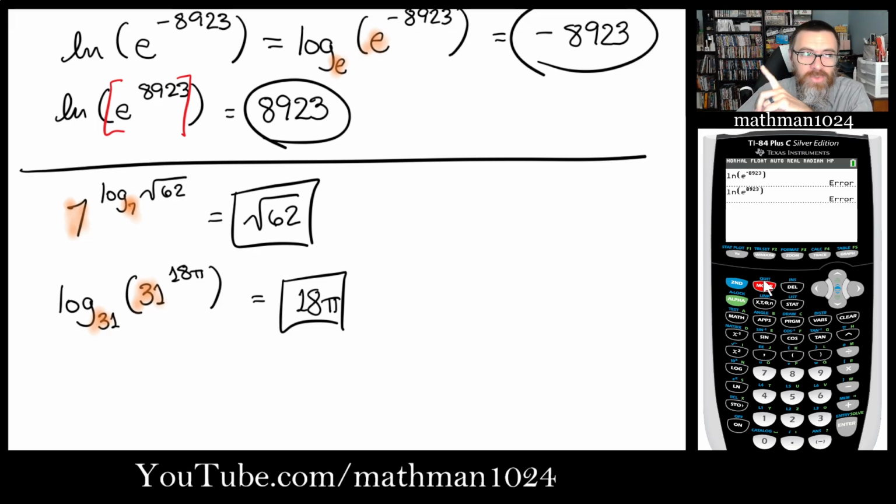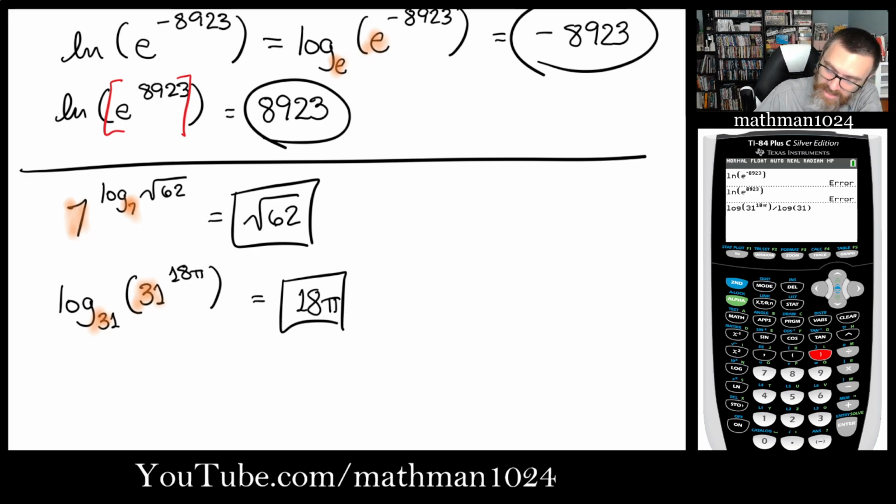Well, we could do change of base theorem on that. And we could say log of 31 raised to the 18 pi is second power. And we can divide this by log of 31.